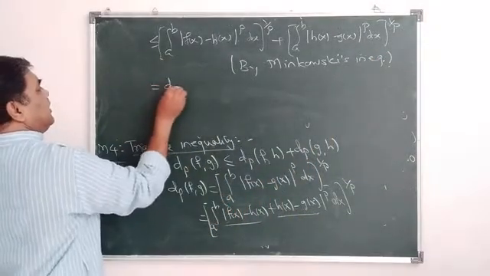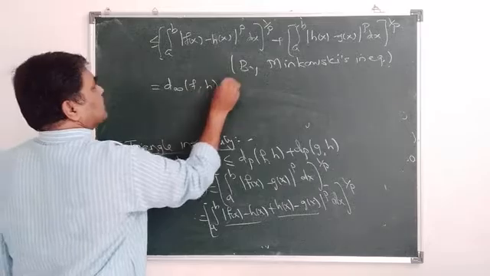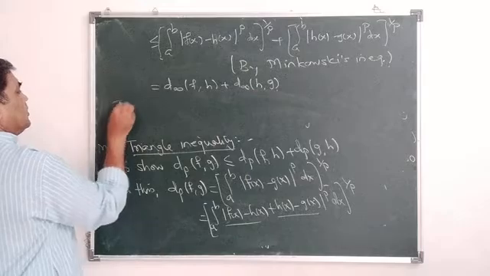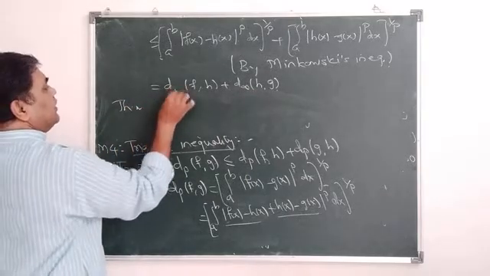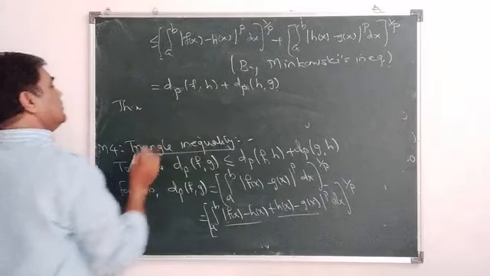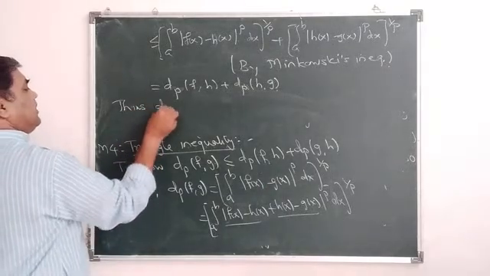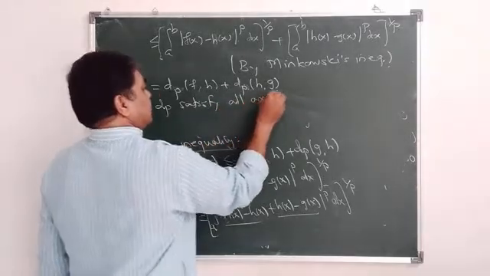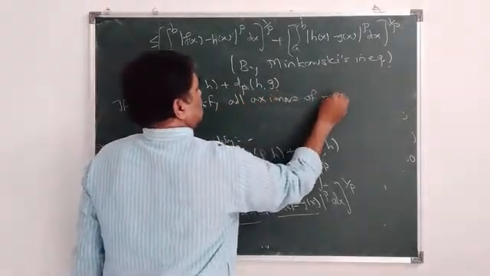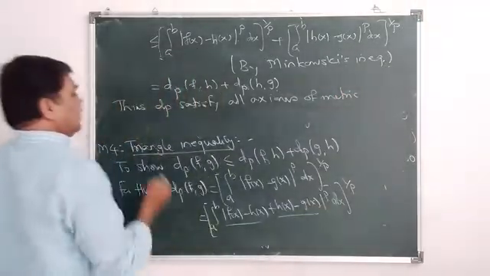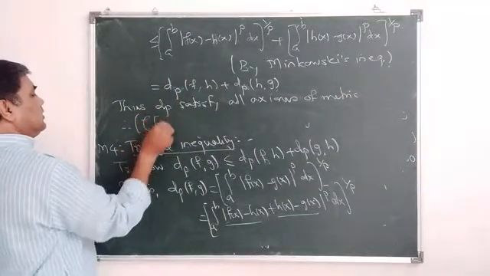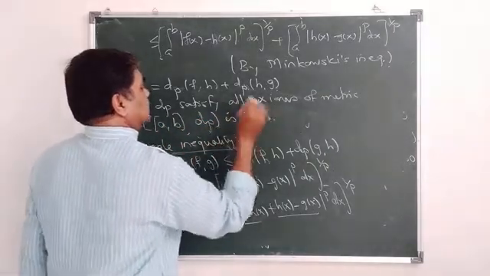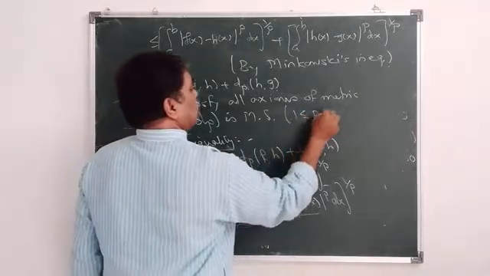And then this is nothing but d_p(f,h) plus d_p(h,g). Thus d_p satisfies all axioms of a metric. And therefore C[a,b] with d_p is a metric space, where p varies from 1 to infinity.